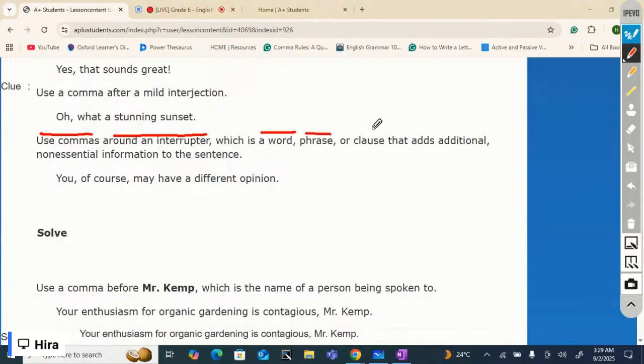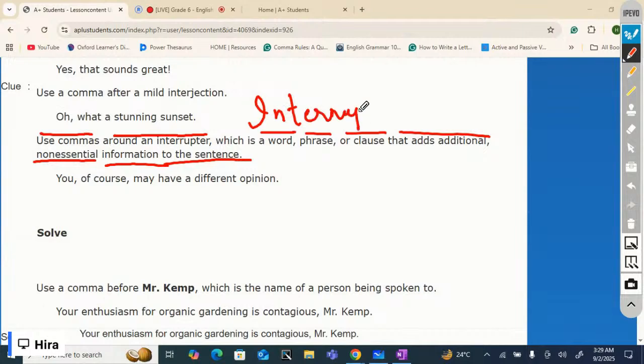A word, a phrase, or a clause that adds additional, non-essential information to the sentence. Use a comma around an interrupter.